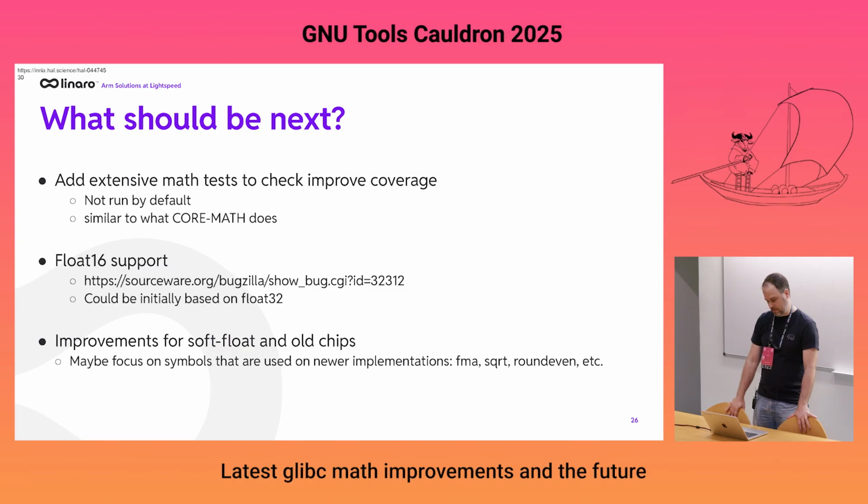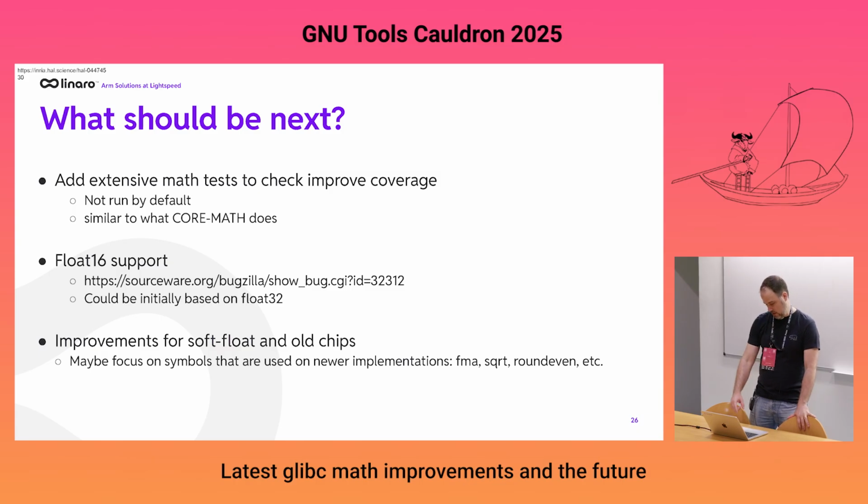Core Math uses OpenMP to run a lot of tests on different cores to check the results. So that might be an option to add to glibc as an external test that is not run by default. Another question I have, should we add float16?